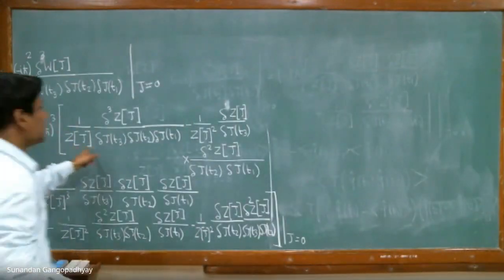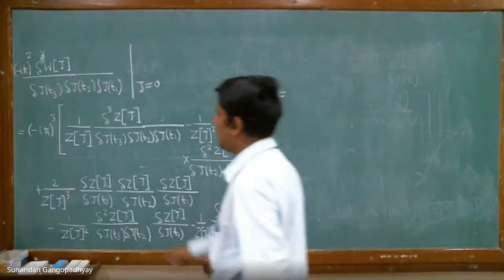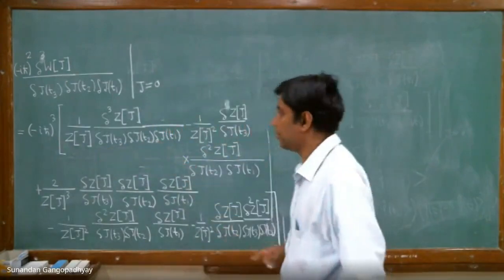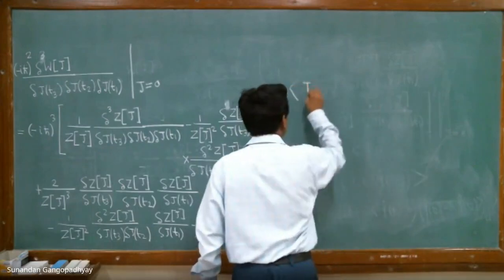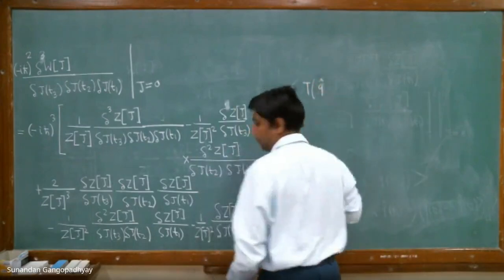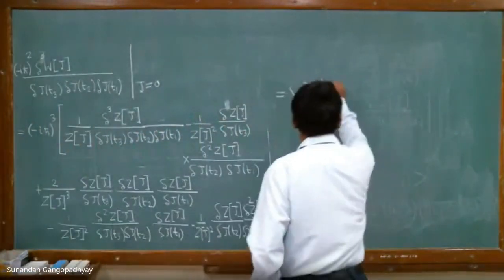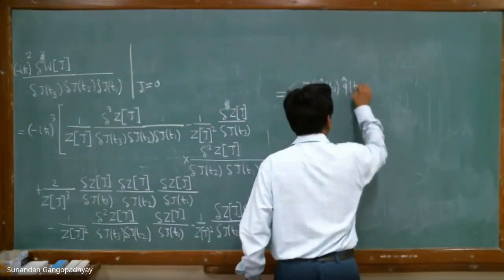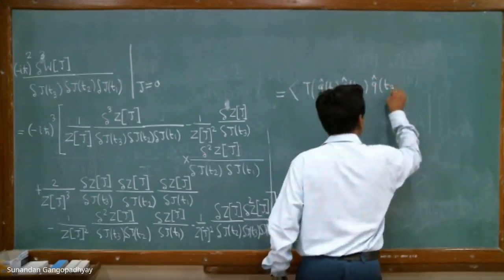So from this term, you can immediately see that this is minus i h bar whole cube, and then you have 3 differentiations from here. So this term by definition is nothing but the time ordered product of q hat T1, q hat T2, q hat T3.